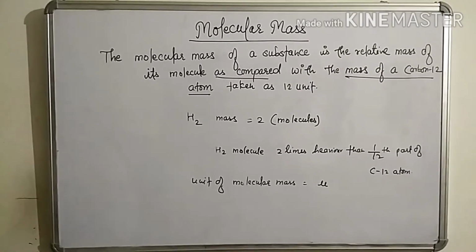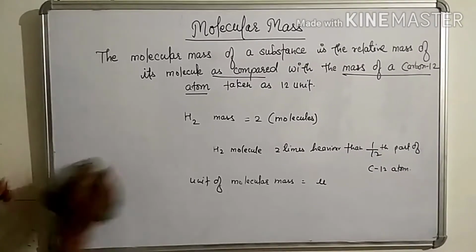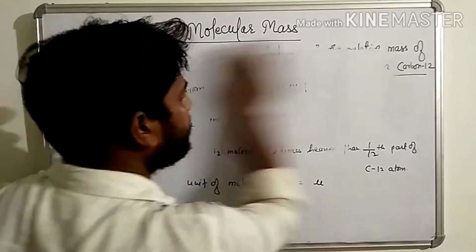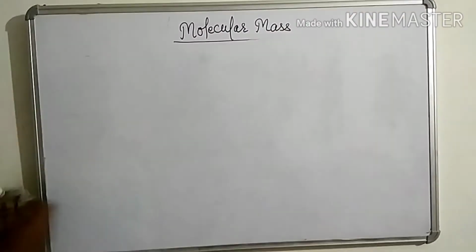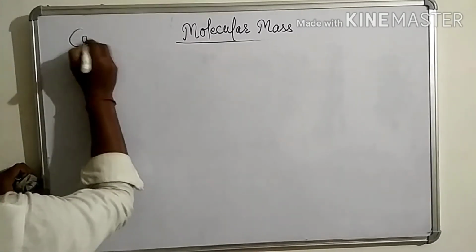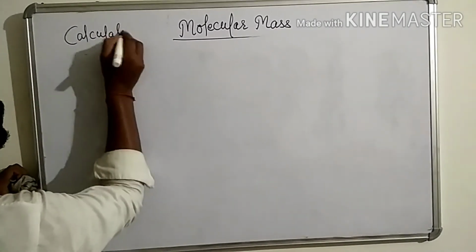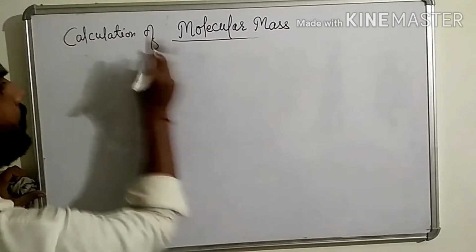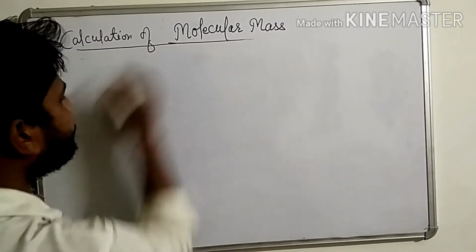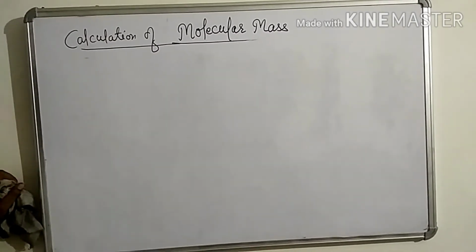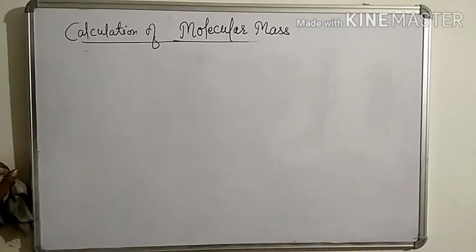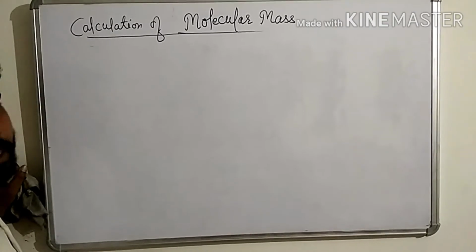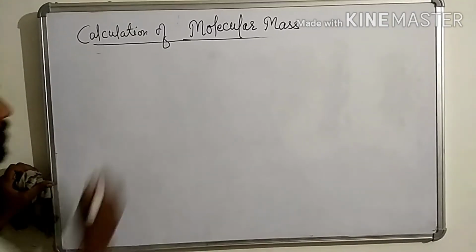Okay children? See children, calculation of molecular mass. There is only one process to calculate the molecular mass of a compound.